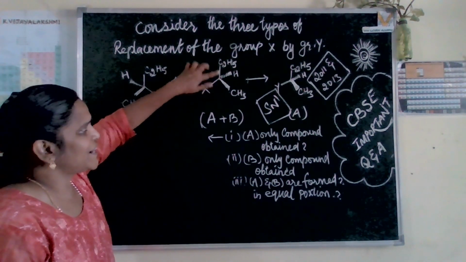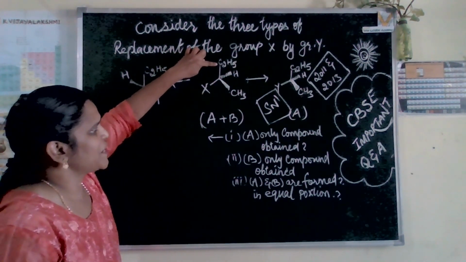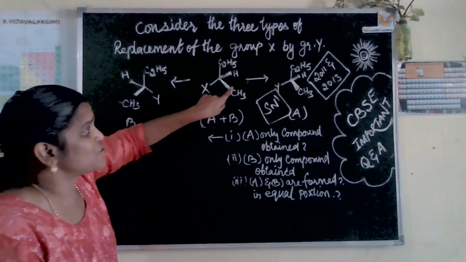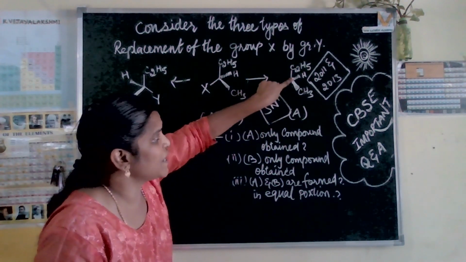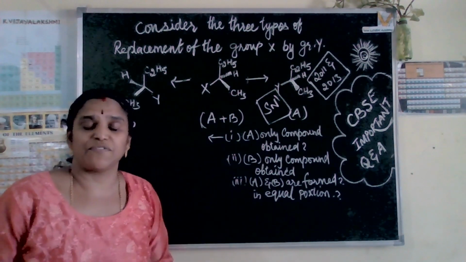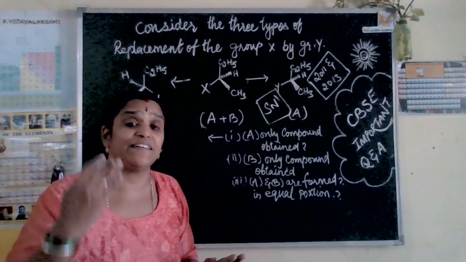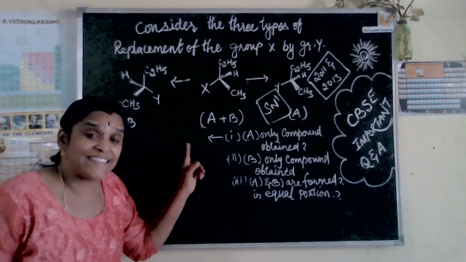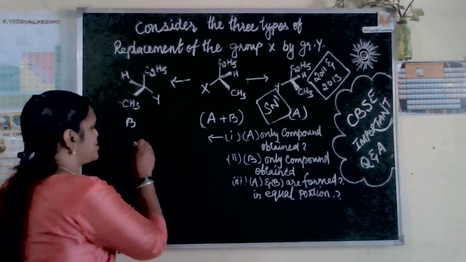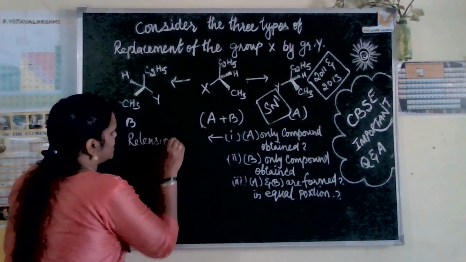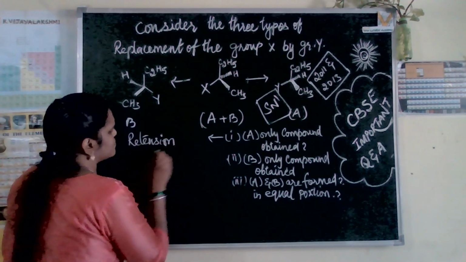Now look at this picture. Here C2H5, here CH3, here dashed line, and here this wedge line. The same way CH3, dashed line, hydrogen, C2H5. So the same structure, that means it remains in the same dextro-rotatory position. So that is retention configuration.